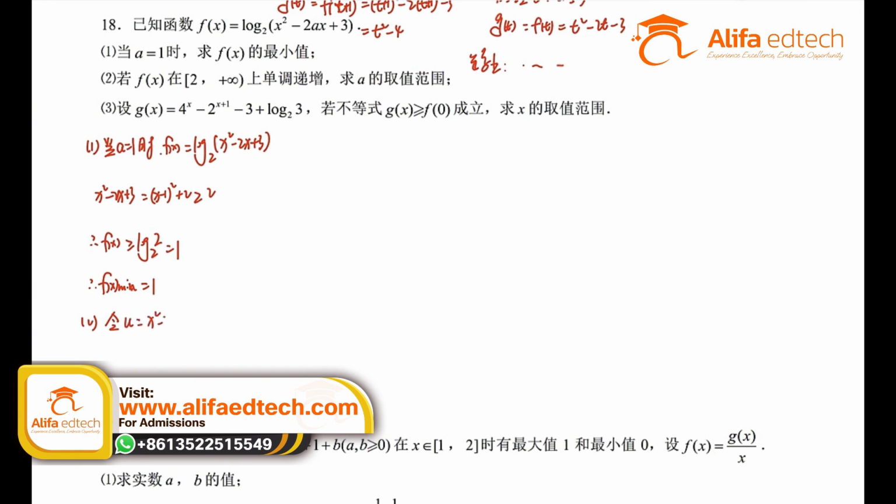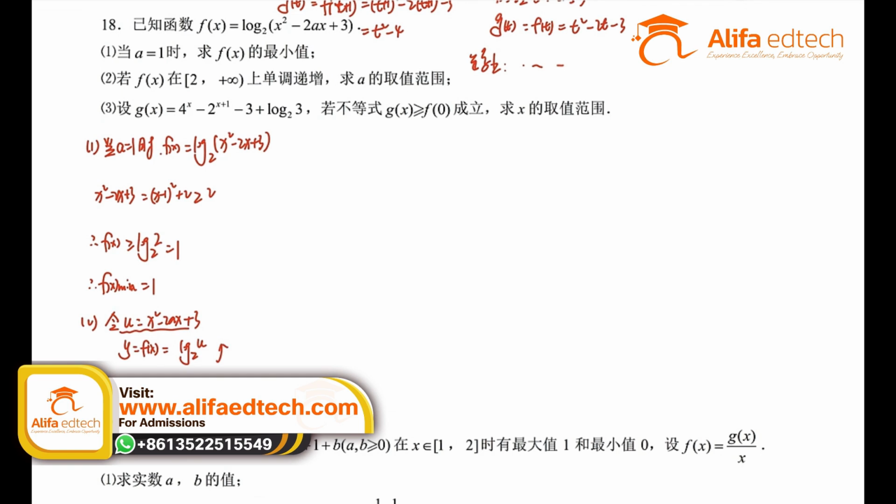Then the variable y, which is actually our function f of x, can be written as the logarithm with base 2 of u. When we write this y as log base 2 of u, we know that log base 2 of u is definitely monotonically increasing. So it comes down to this quadratic function here.